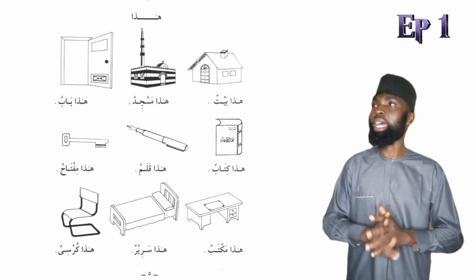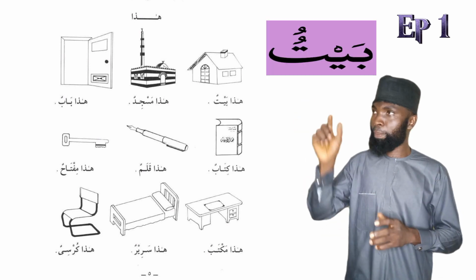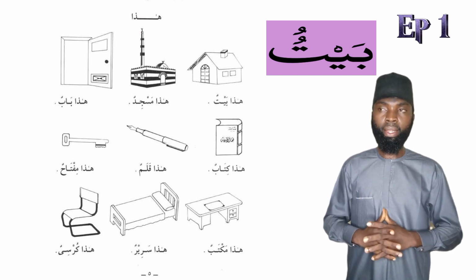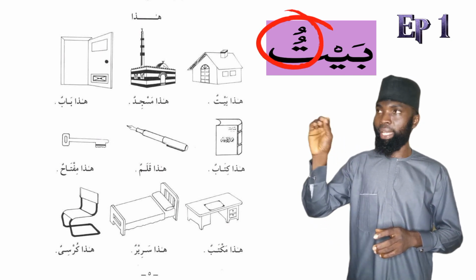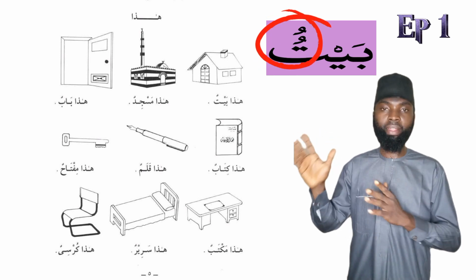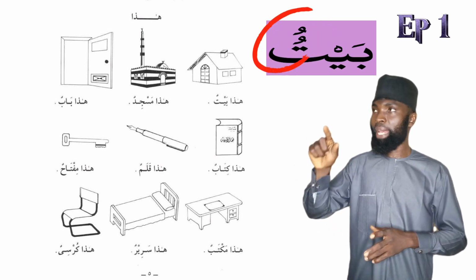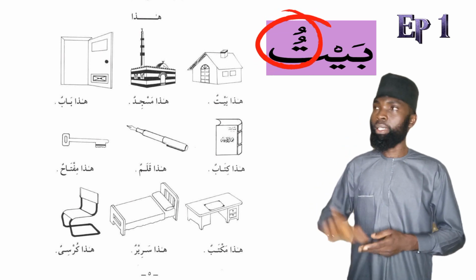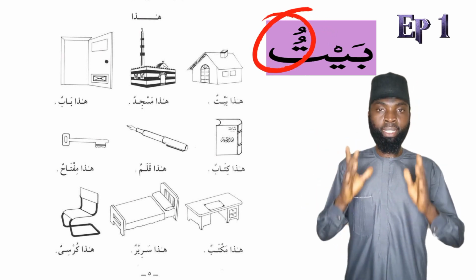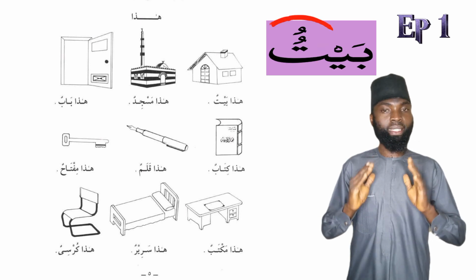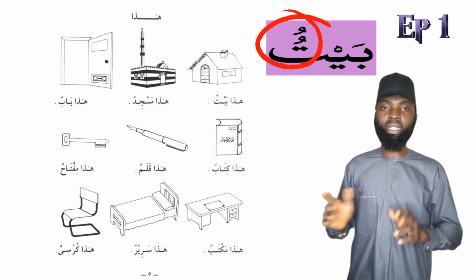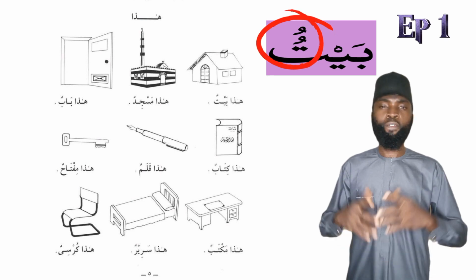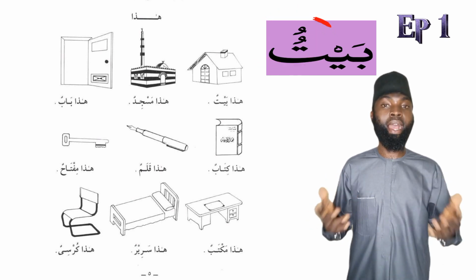Now let's bring our attention closer. We have baytun, and you can see it is ending with tanween. That is the second dhamma placed on the word baytun at the end of it, the last letter. Whenever you see any word that ends with double dhamma, what this means is that this word is an indefinite word. For example, in the English language, we say a house.